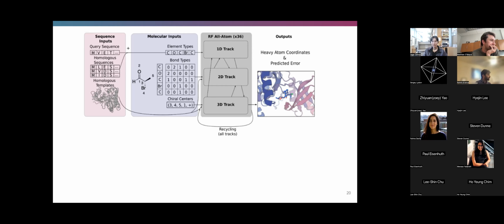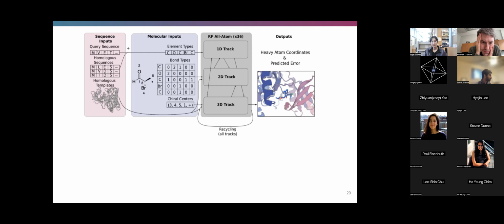You can combine these with element types, and then bond types, so you can give some notion of bond order between atoms. And finally, this idea of chiral centers, and I'll get a little deeper into that as well.